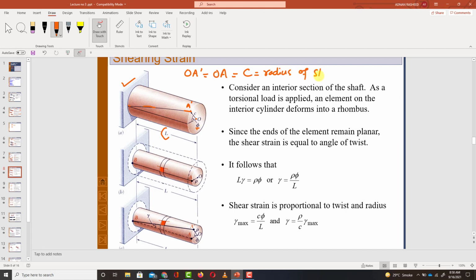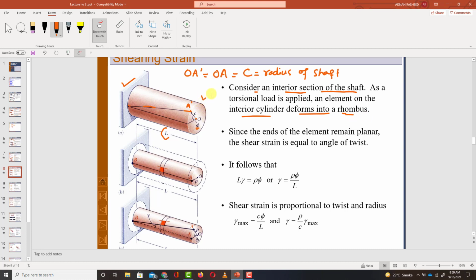Clear? Okay. So if you want to find the internal effects of the torque on this shaft, we will take an internal portion of the shaft. So consider an interior section of the shaft. As torsional load is applied, an element on the interior cylinder deforms into a rhombus.